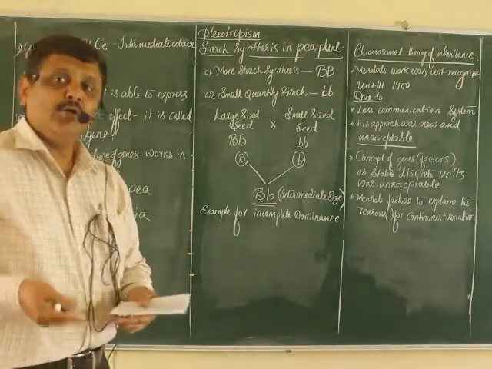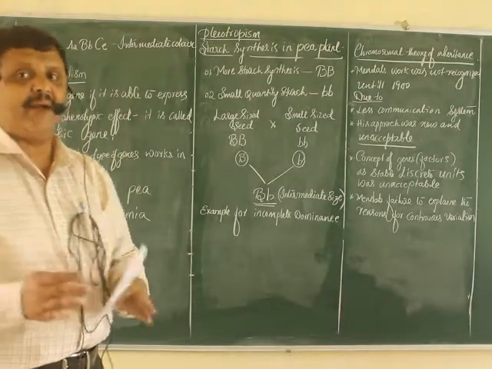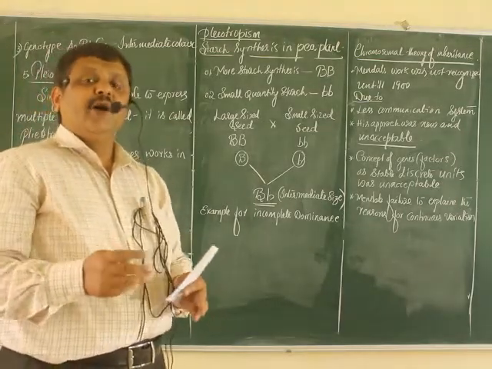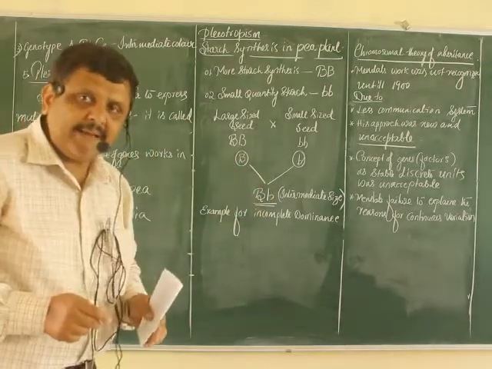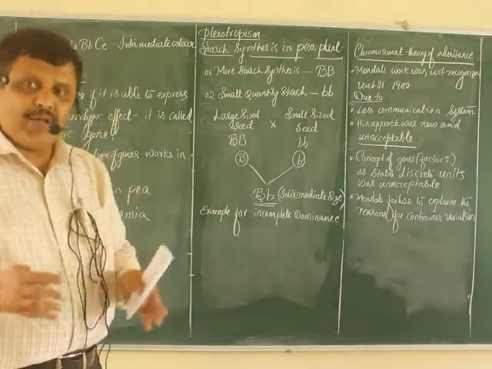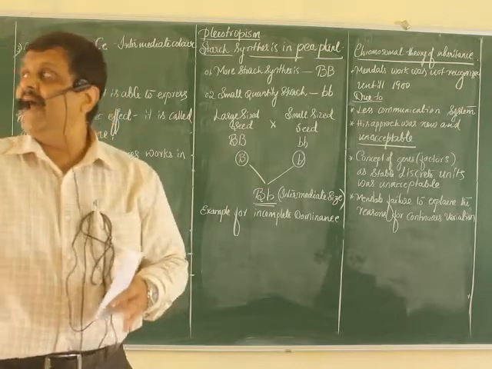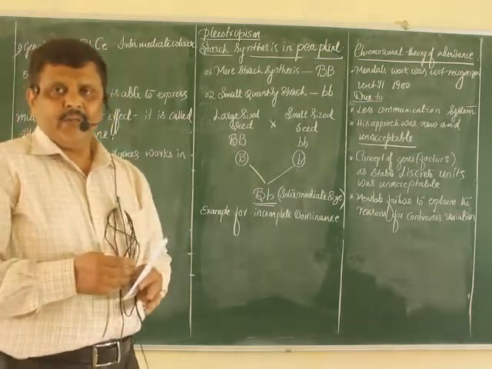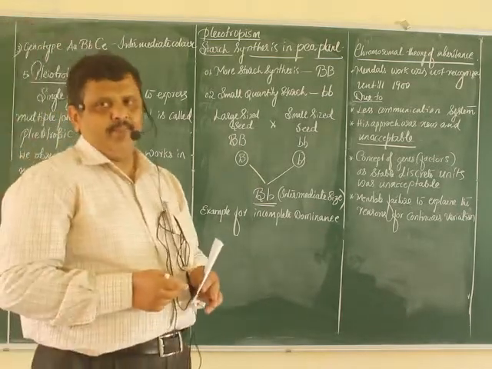You and your brother or sister are entirely different. If you observe your grandfather and your father, a lot of phenotypic differences are there. That means we observe variation in every generation. It's a continuous mode of system.